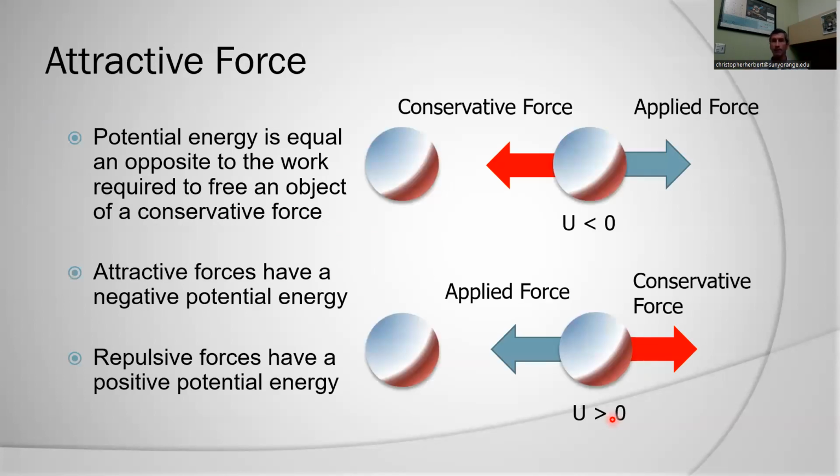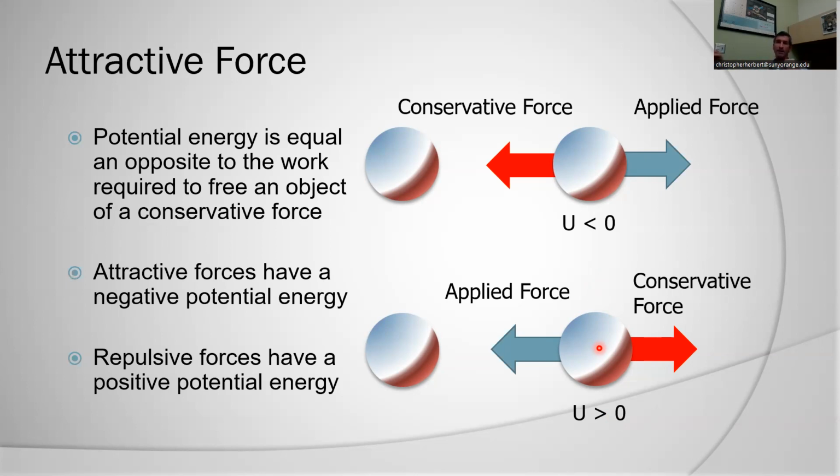So again, conservative forces, if they're attractive, like we've got two masses or a positive and negative charge, the potential energy associated with that is going to be negative in most conventions, okay? In most conventions, if it's a repulsive force, then that potential energy is going to push the particle away, okay?